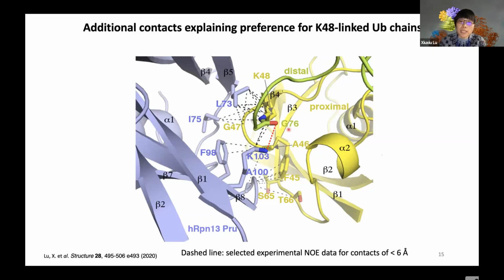RPN13 also forms extensive interactions with the K48 diubiquitin linked region, including alanine 46, glycine 47, and lysine 48. A hydrogen bond was formed between RPN13 lysine 103 side chain and distal ubiquitin glycine 76 backbone.